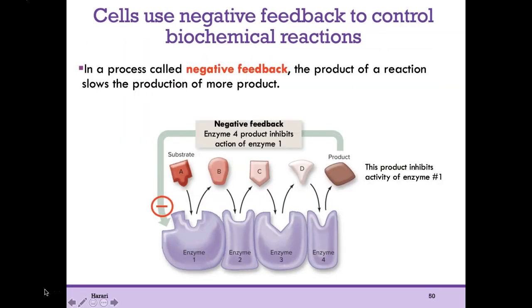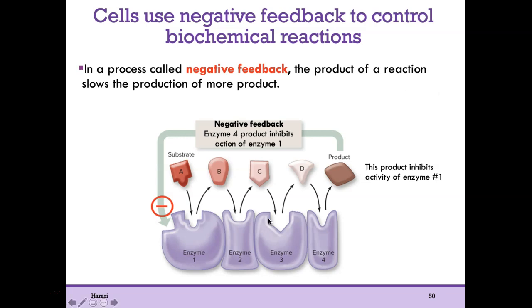So because of all these pathways, it may seem like things could get a little chaotic inside of the cell. But the cells have ways to control the rates of their chemical reactions, right? If not, we would not be able to maintain homeostasis. So negative feedback is one such way that the cells control homeostasis, in that the product of a reaction slows down the production of more product.